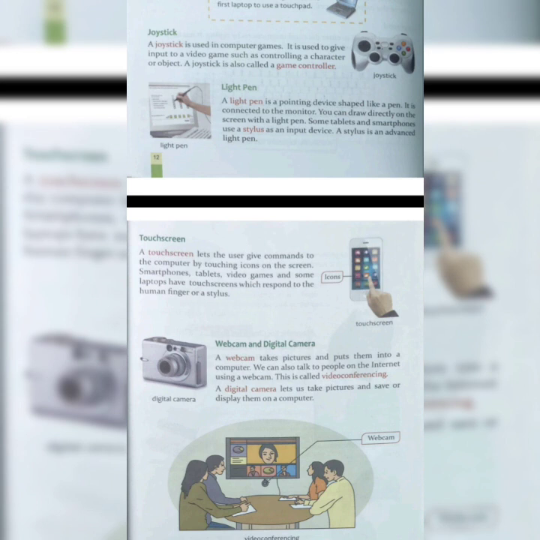Light pen. A light pen is a pointing device shaped like a pen. It is connected to the monitor. You can draw directly on the screen with a light pen. Some tablets and smartphones use a stylus as an input device. A stylus is an advanced light pen. It is a kind of pen, but not an inked pen.